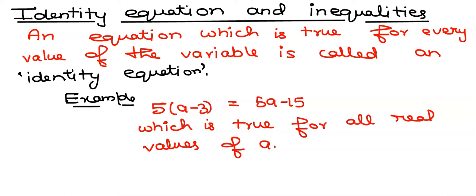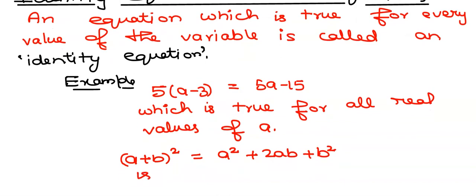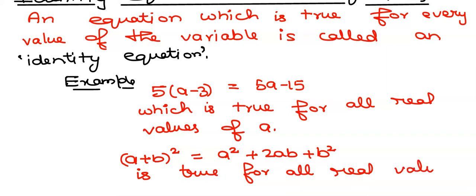Okay, and I can write here (a plus b) whole square equal to a square plus 2ab plus b square, and it is true for all real values of a, that is the same thing here.